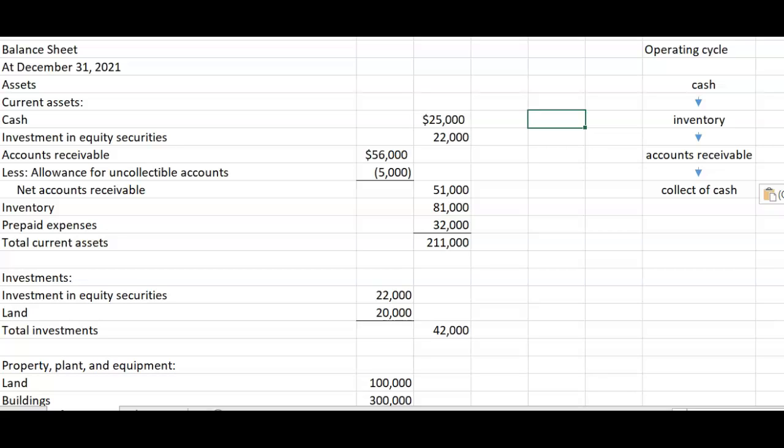That is an investment. When land is held for speculation, not to be used for business purposes, but used for investment purposes, then that land should be reported as an investment of $20,000.